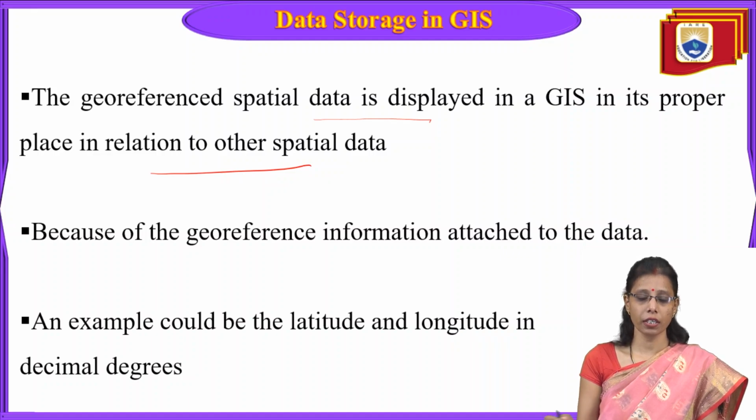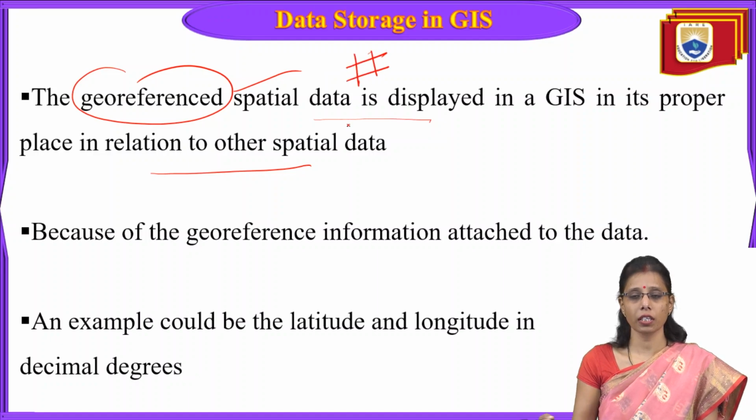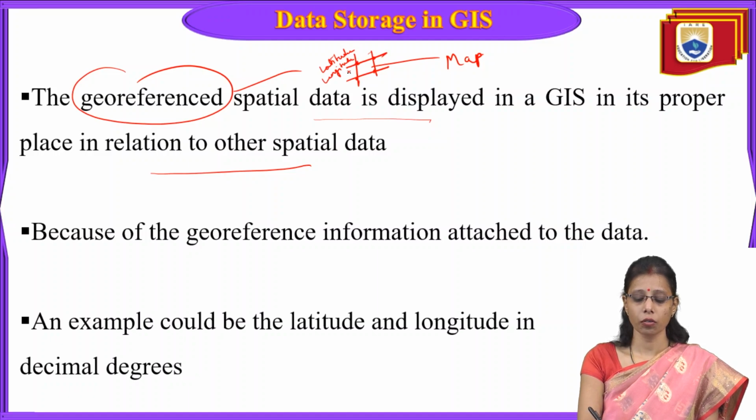What is georeference data? Georeference data is the reference data which is assigned coordinates for each location. Suppose this is your map. If you assign coordinates to points of this location, say we assign 4 points, with latitude and longitude for point 1, we call it GCP point 1, 2, 3, 4.